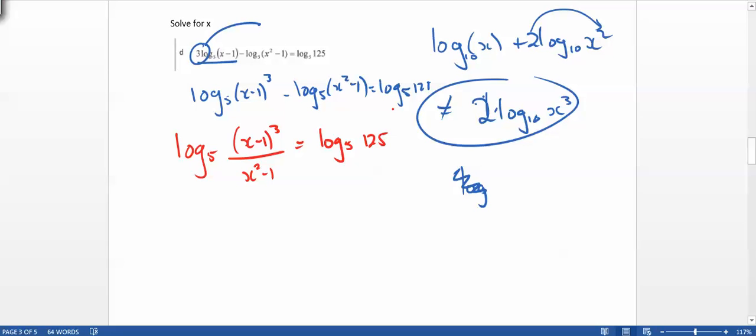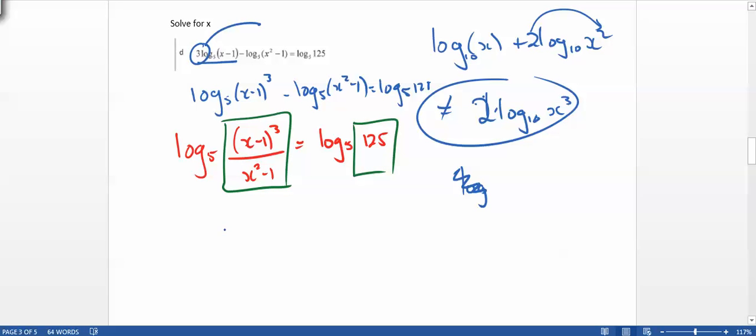Now, as it turns out, log to the base 5 of 125 is log to the base 5 of 5 cubed, but given that we've got an expression on the left-hand side, we can say that this must therefore be equal to this.